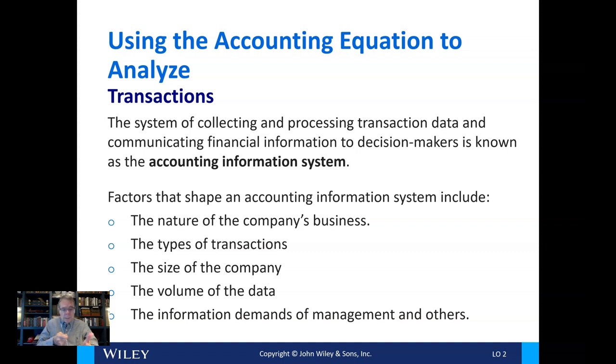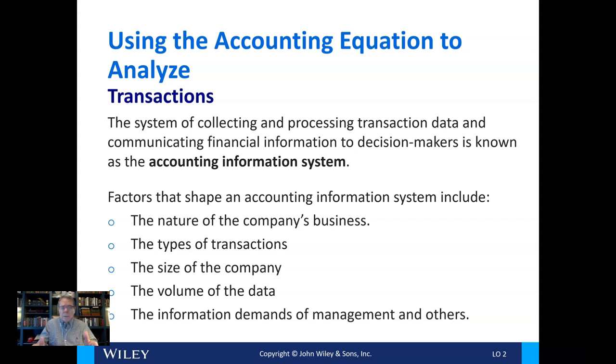You're scanning that barcode, and that is telling the system, deduct this product from inventory and move it to an expense, and then record the sale of this item as either cash or accounts receivable. But in this case, it's going to be cash, because you're paying cash or a credit card, and credit cards are assumed to be cash.